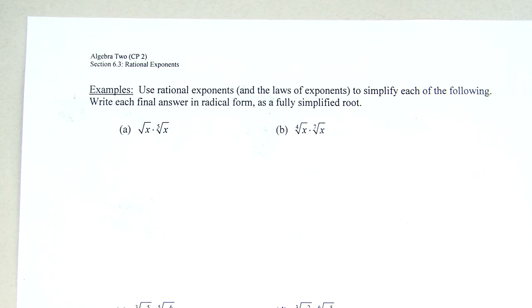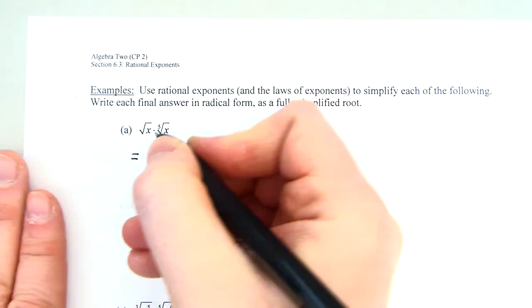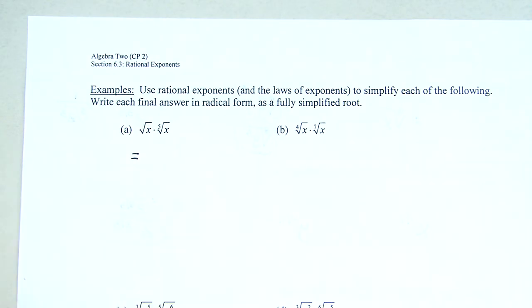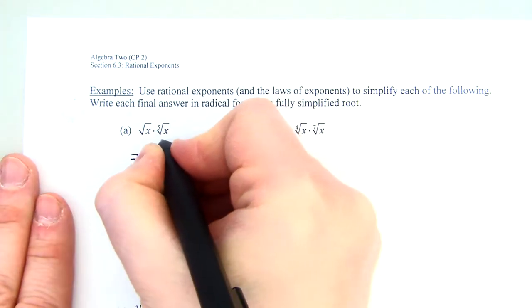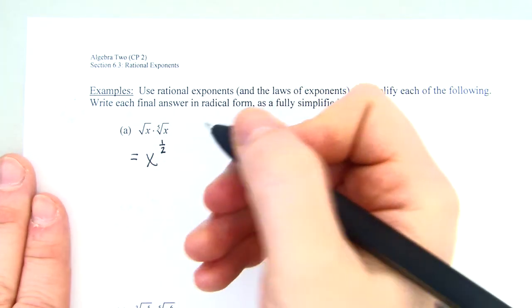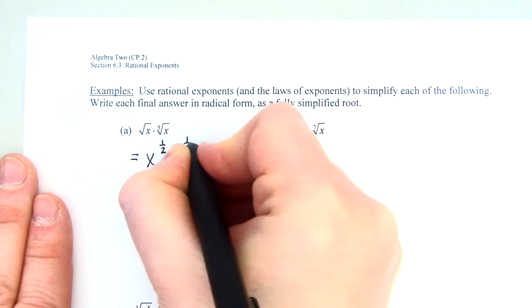I want to multiply the square root of x times the fifth root of x, which previously you would not have been able to do. Our trick for doing this is I want to rewrite my problem in terms of fraction powers. Square root of x is x to the 1/2. And the fifth root of x is x to the 1/5.